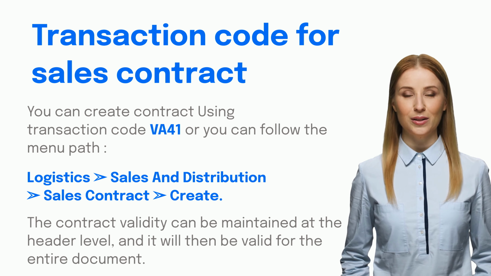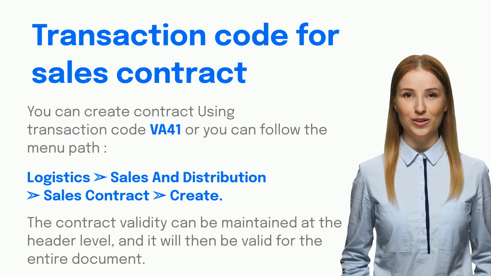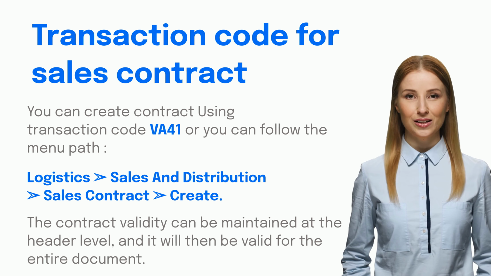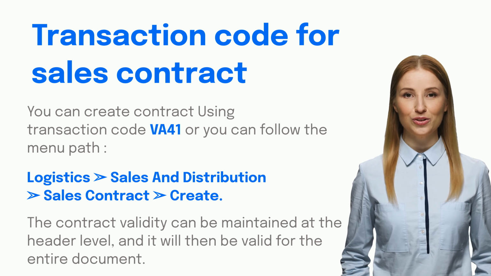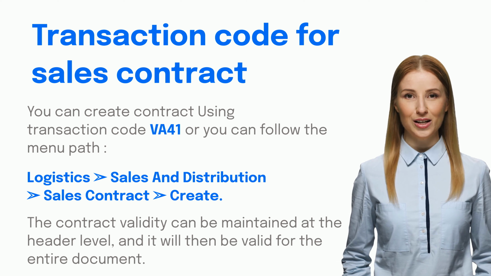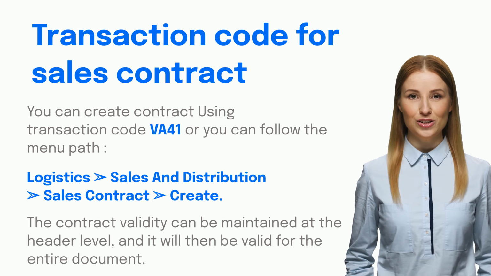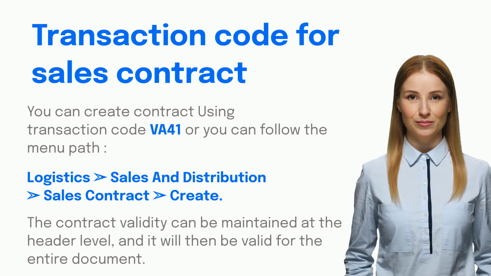The valid from and valid to fields located at the header level on the contract entry screen are used to maintain the validity of the contract. The contract validity can be maintained at the header level, and it will then be valid for the entire document. Now let's get into the flow steps of a sales contract in the next slide.